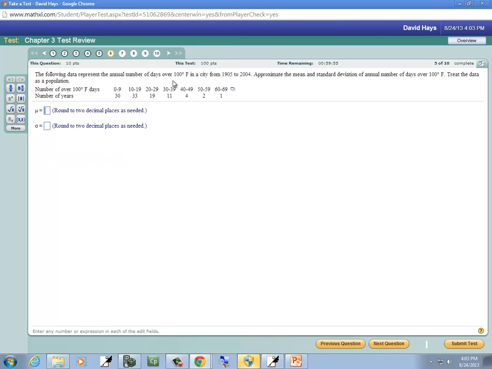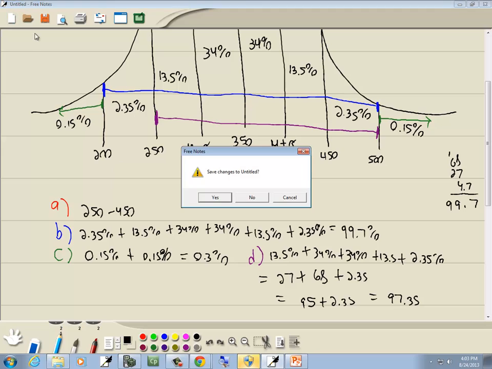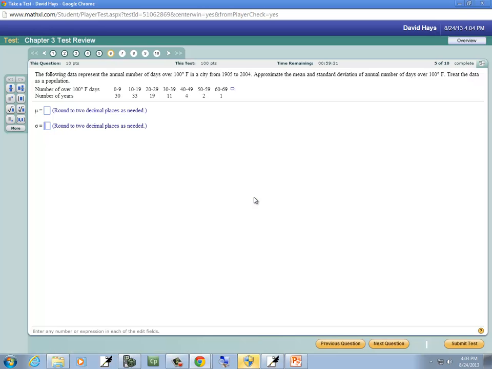Okay, the following data represents the annual number of days over 100 degrees Fahrenheit in a city from 1905 to 2004. Approximate the mean and standard deviation of the annual number of days over 100 degrees. Treat the data as a population. Let me start a new page here.